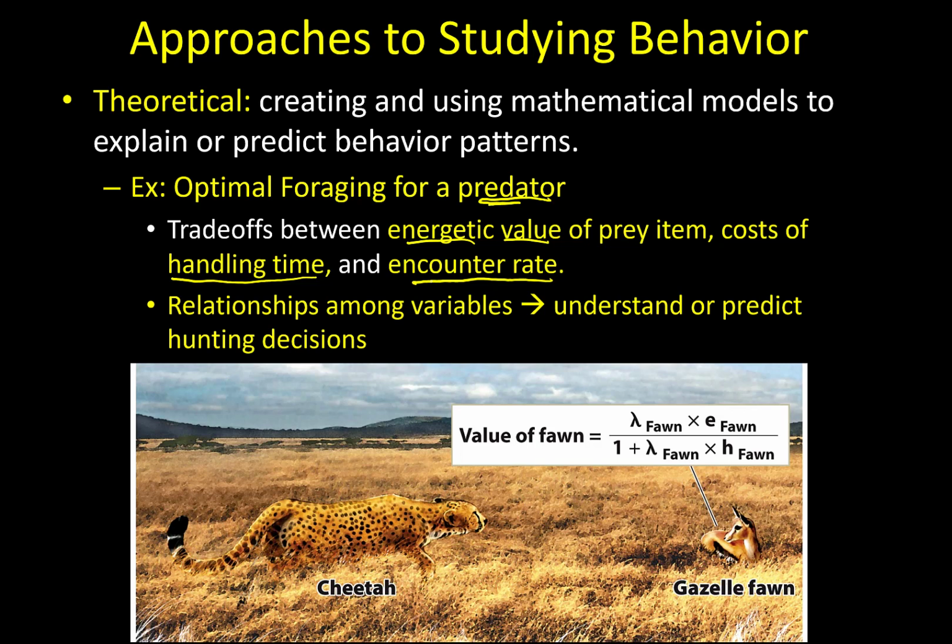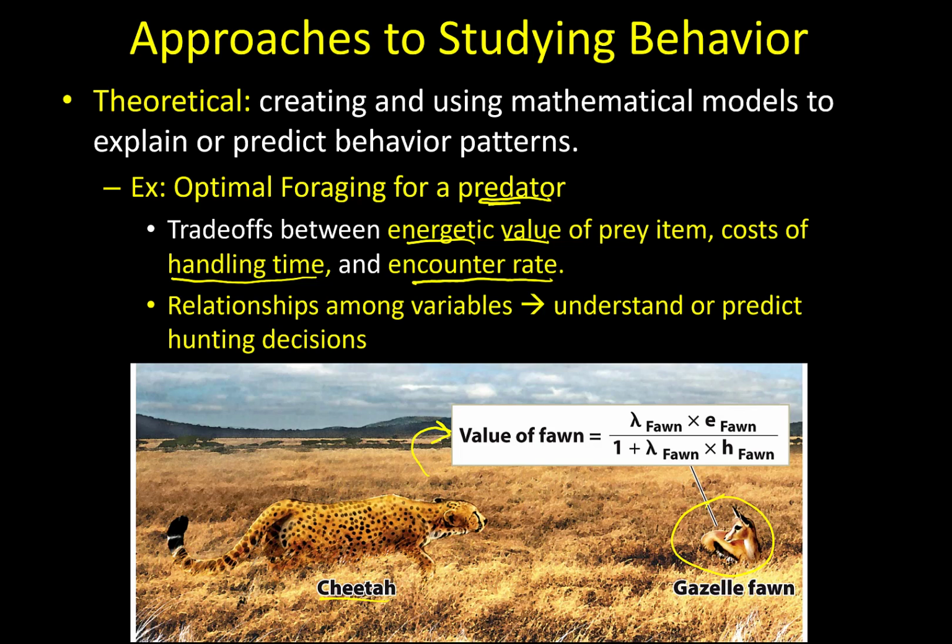Once we understand the relationships among these variables, it allows us to understand or predict the hunting decisions of a predator. So for example, the value of this fawn, this gazelle fawn, to this cheetah can be explained using this mathematical formula.